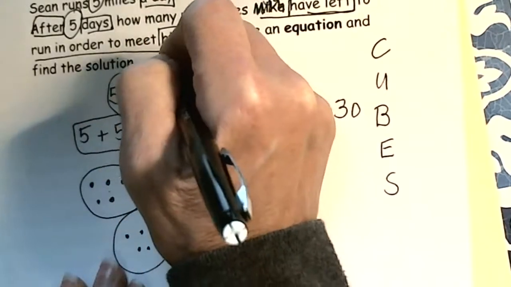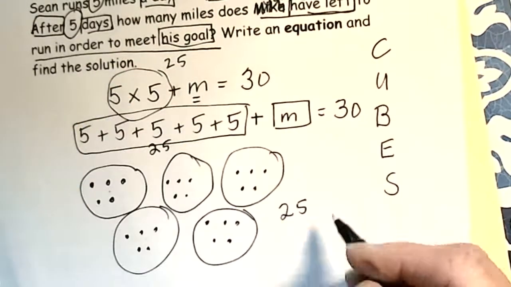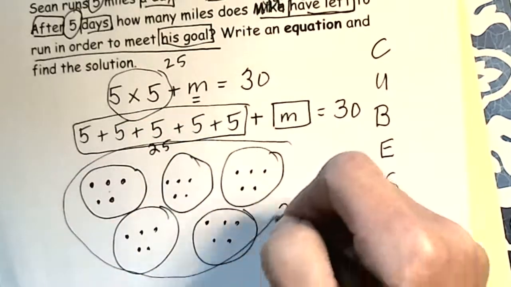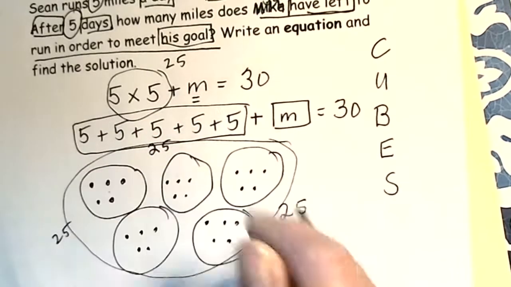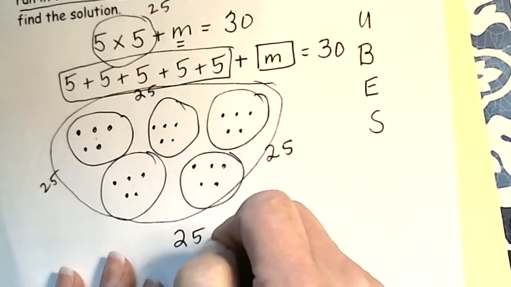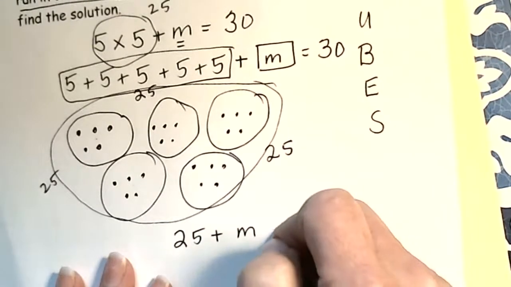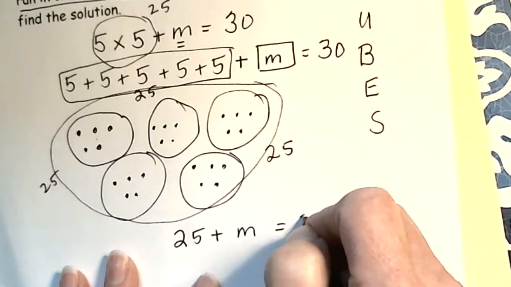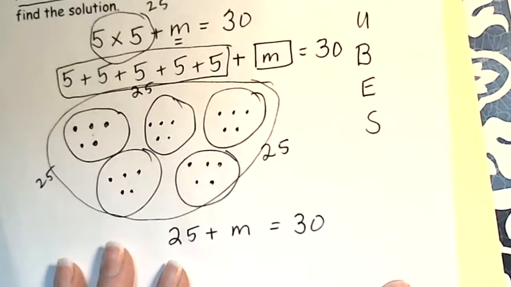This is 25. I'm showing you 3 different ways. This is 25. So 25 plus what miles equals 30.